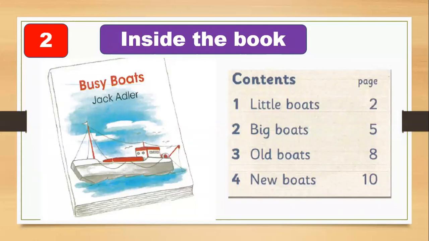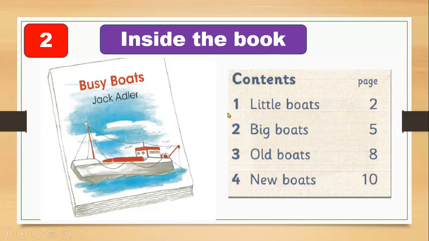We also looked inside the book. So when you open this book, there is a contents page. Okay, the contents have pages, chapters, units. So here is unit number 1. You can call it chapter number 1, Little Boats. And you can find this page quickly by looking at this number 2.